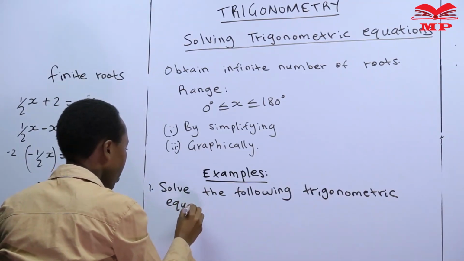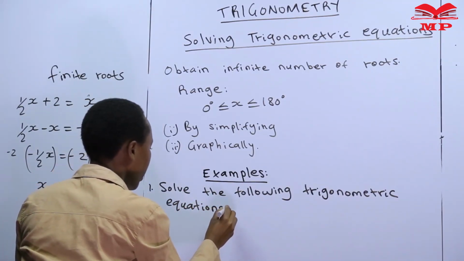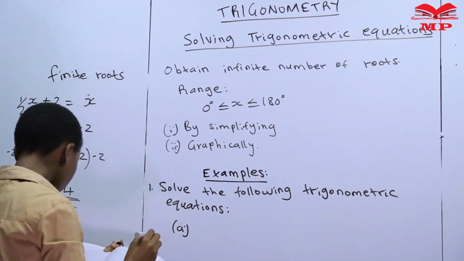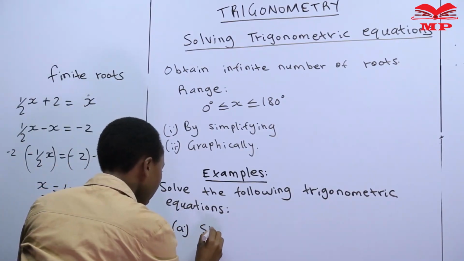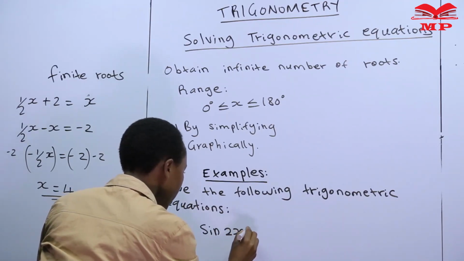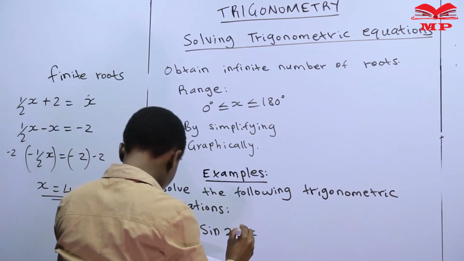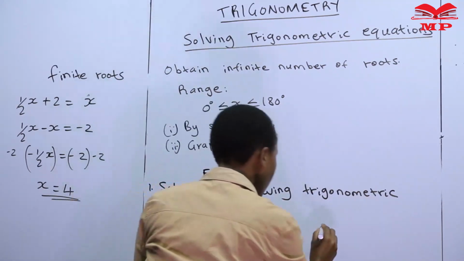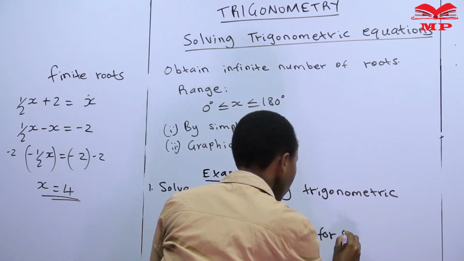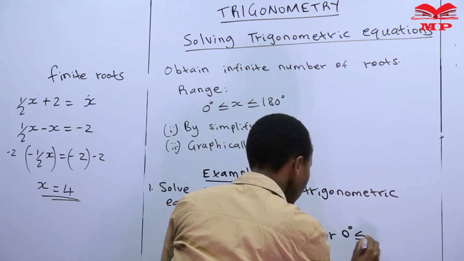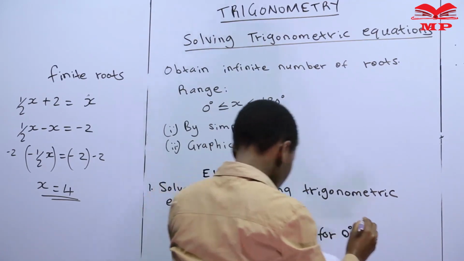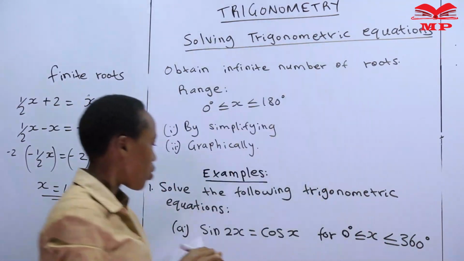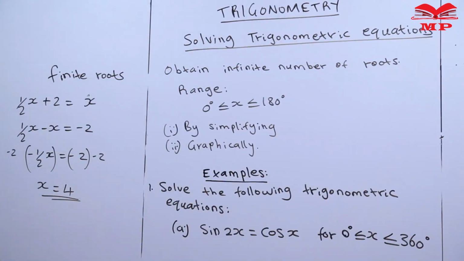In the first one that I want us to start with, we have sine 2x is equal to cos x. And we have been given the range from 0 degrees to 360 degrees. So that's what we have, and we are supposed to solve.